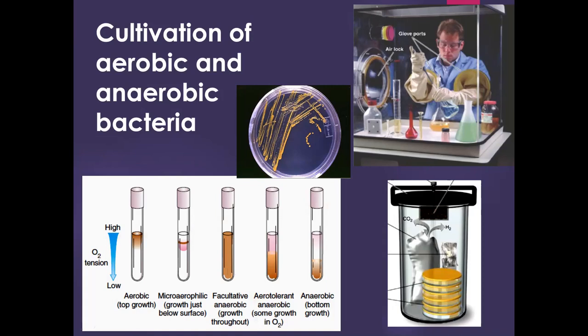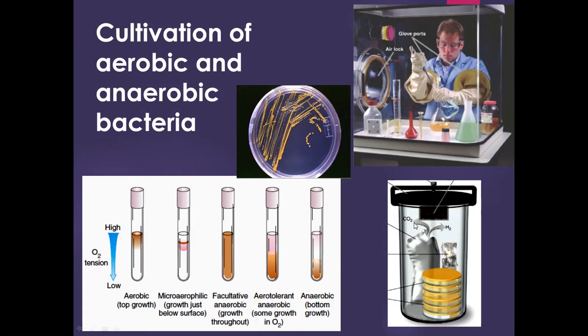Aerotolerant bacteria mostly grow near the bottom of the test tube, and anaerobic bacteria produce a sediment. But really, obligate anaerobes cannot be grown in these conditions, just in nutrition broths. For them, we need a special device named an anaerostat with a chemical absorbent of oxygen.